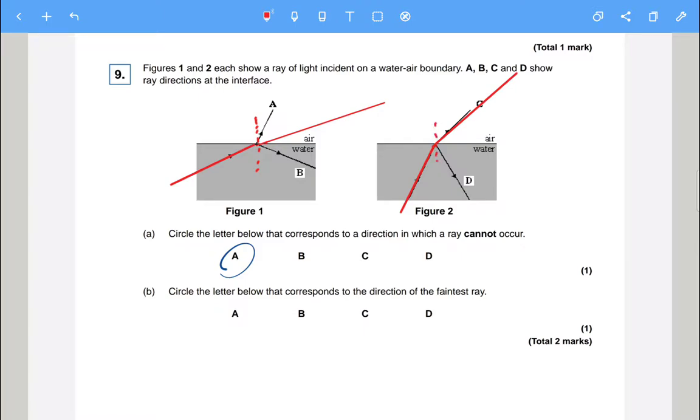You will, however, always get some partial reflection. It's normally a couple of percent of the intensity of the light. So you would get a really faint line that comes off in the direction of D. So the direction of the faintest ray would be D.